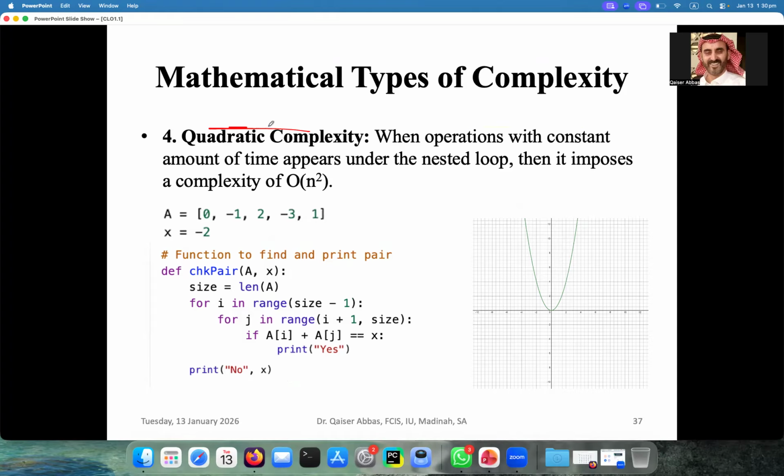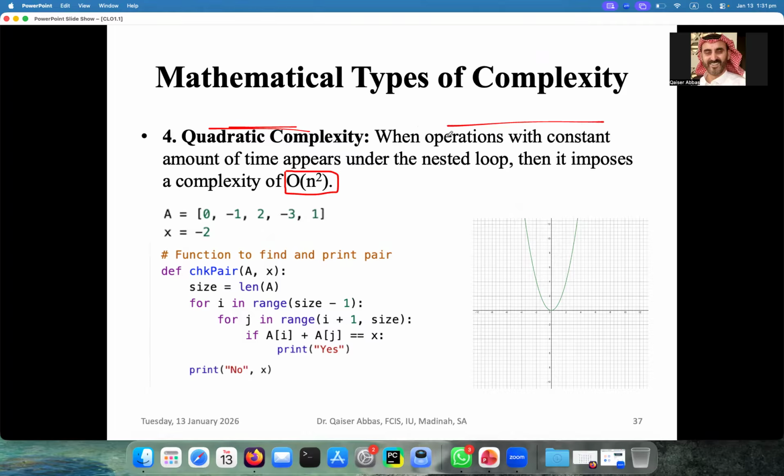So how can we represent quadratic complexity? We can represent quadratic complexity in mathematics as order of n square. When it is order of n square, the theoretical name for it is quadratic complexity. What would be the situation where we have this quadratic complexity?